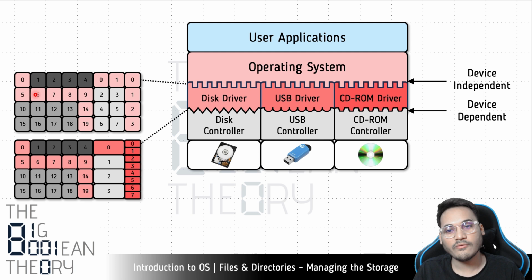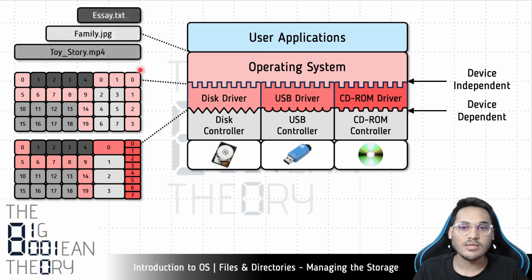And when you have to read that data back, you have to remember where you stored your data and provide those block addresses again. So dealing with these block addresses has its own challenge, and we don't want to get messed around in these block addresses. So the operating system provides an abstraction that makes it very easy to use these storage devices. What is that abstraction?